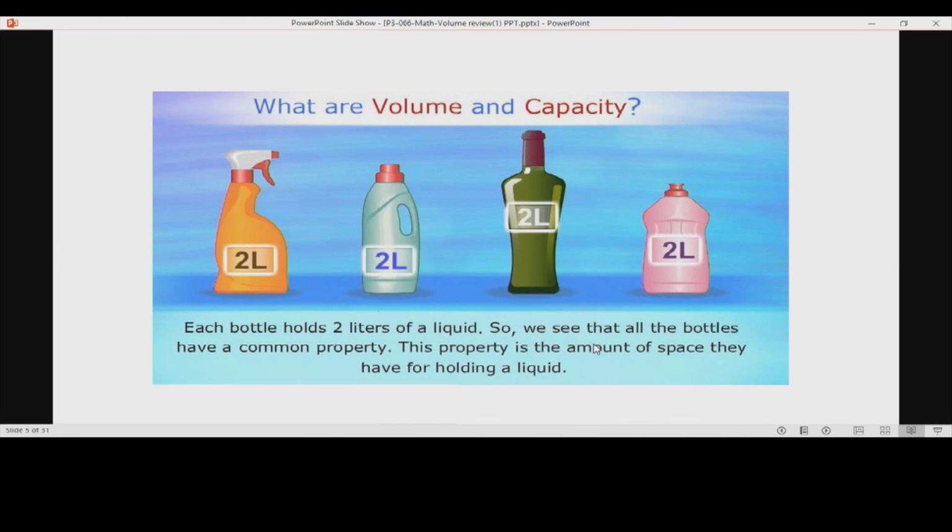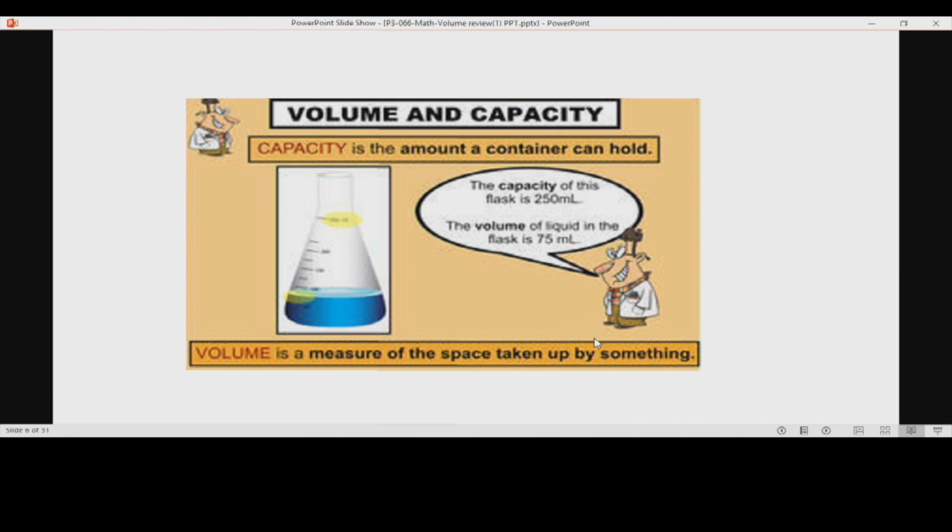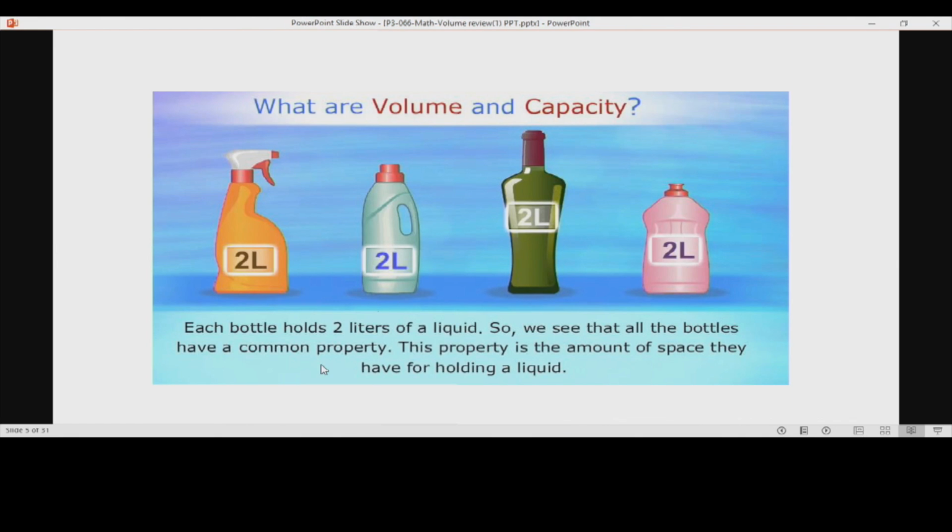We see that all the bottles have a common property. This property is the amount of space they have for holding a liquid. And this is what we call capacity.